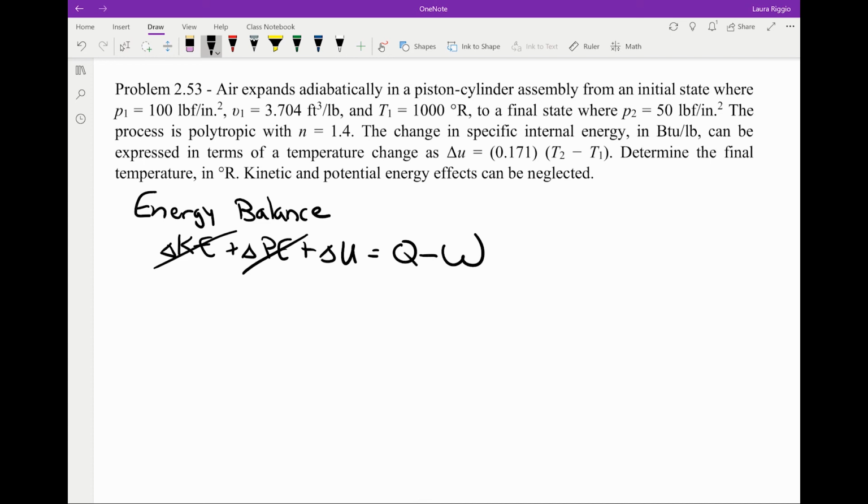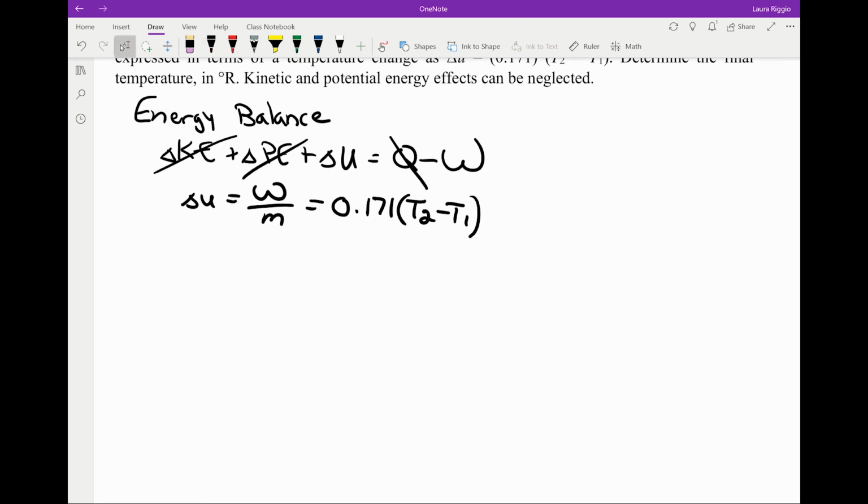It also says that air expands adiabatically, which means that there's no heat transfer. So we have that our specific energy change is equal to our work per unit mass, which is equal to 0.171 (T2 minus T1). So in order to find our final temperature, we have to find our work.